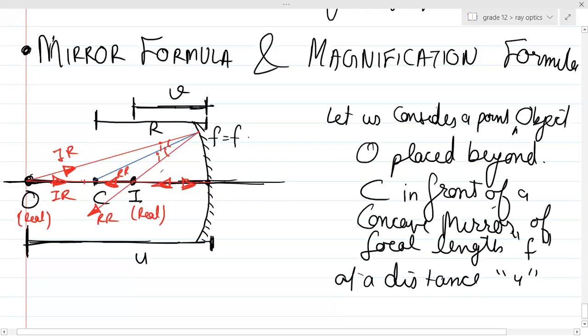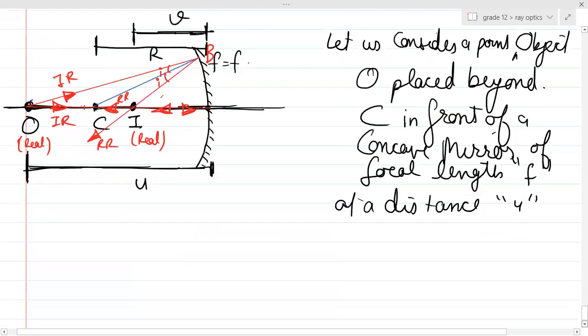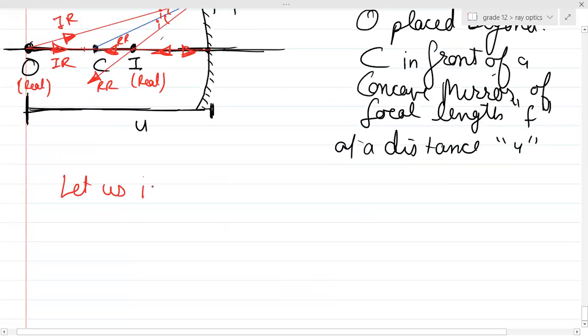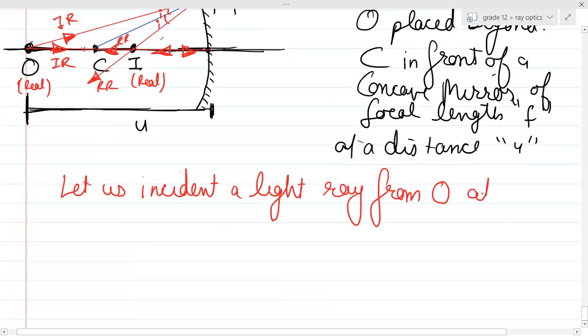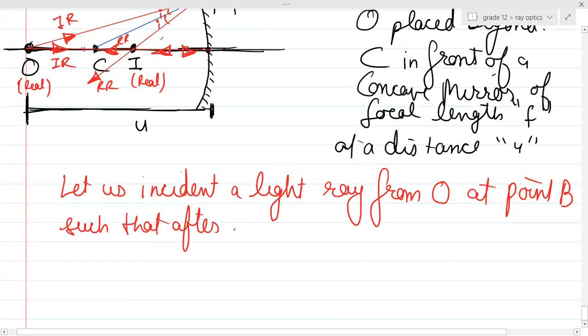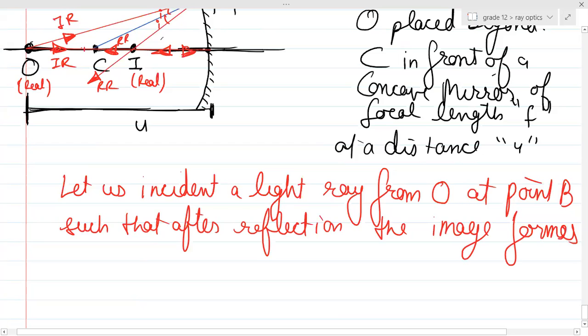Yes. Now let us say we have incident the light ray at B. So here you'll write, let us incident a light ray from O at point B such that after reflection the image forms at I. Let C be the one which is mentioned in blue color.